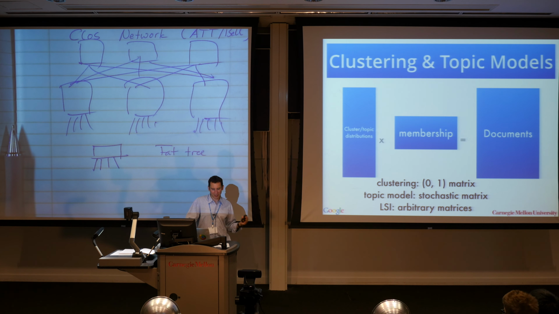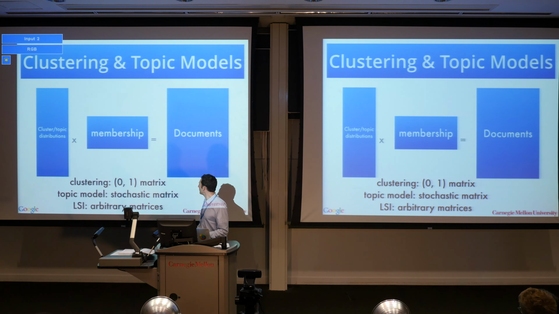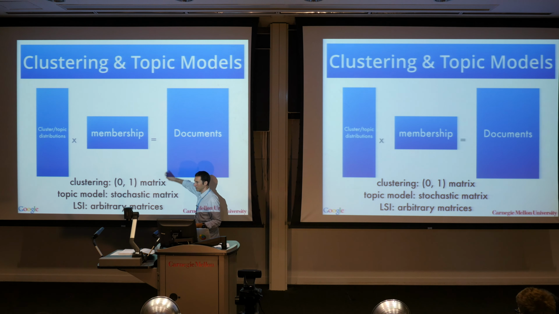In a topic model, you have a stochastic matrix, so all the probabilities have to add up to 1. For latent semantic indexing, you just have arbitrary matrices. But basically, all three of those methods take the document matrix, that's basically the number of words occurring in a particular document, which word occurs, and try to factorize it in a lower rank object.